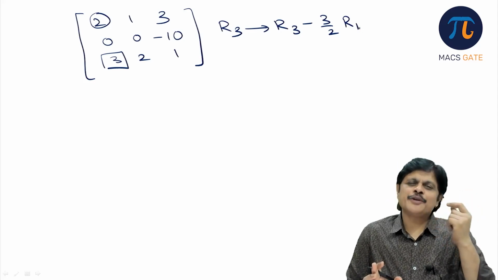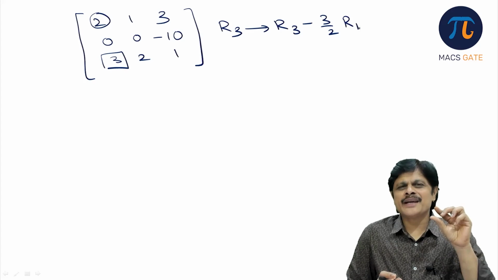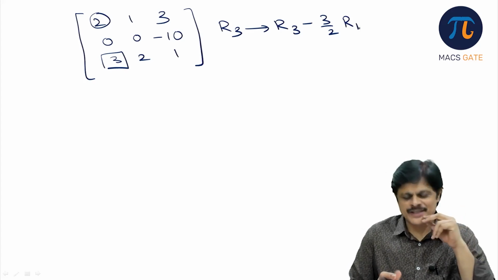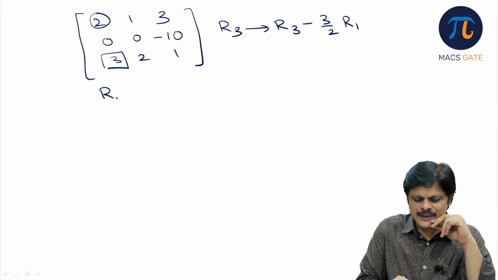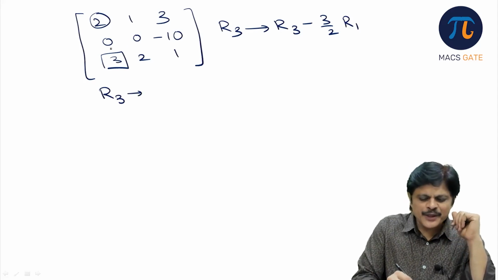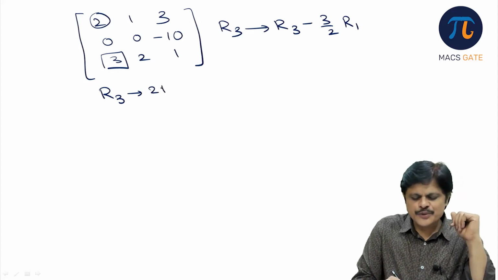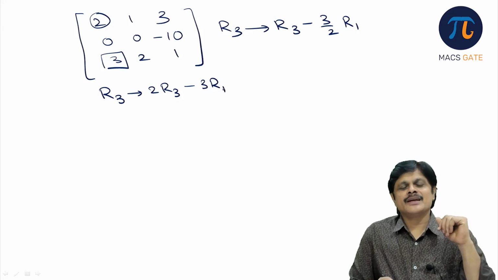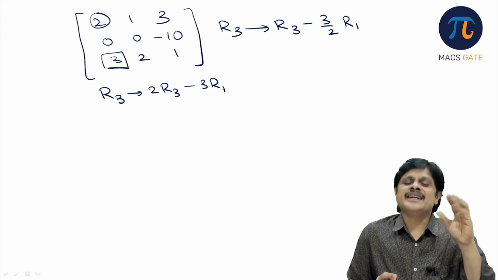So generally when you do manual row operations, we make some modifications. We try to combine two row operations. For example, I multiply R3 by 2 and multiply R1 by 3, that is, 2 times R3 minus 3 times R1. So we are working with integers.